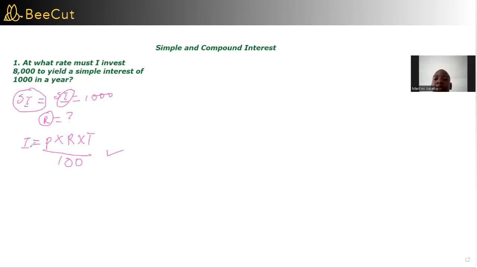Rate. Yes, we are looking for rate. So that means we're not looking for interest. Yes or no? Yes, sir. Are we looking for principal? Yes, sir. Are we looking for time? Yes, sir. That means we have been given the 3. So what is the interest we were given? The interest is 1,000. Yes, that is correct.